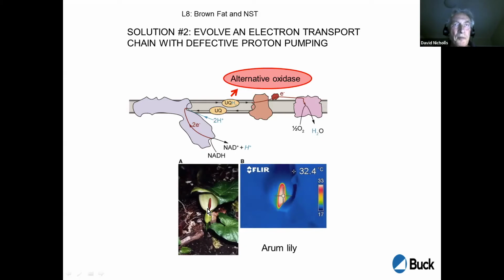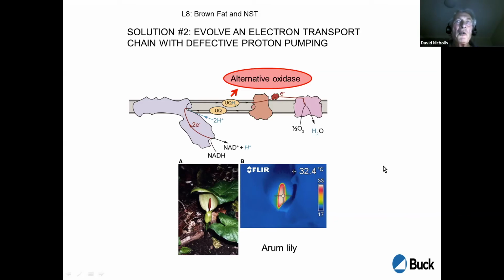This lily, I forget what this bit of a lily is called now, but it gets hot. You can see on a thermal camera, it gets up to 32 degrees above the ambient 17 degrees by rapid mitochondrial respiration, not fully coupled to proton translocation, but with an alternative oxidase. So this would be another possibility.